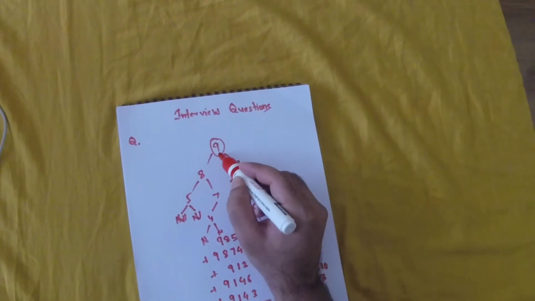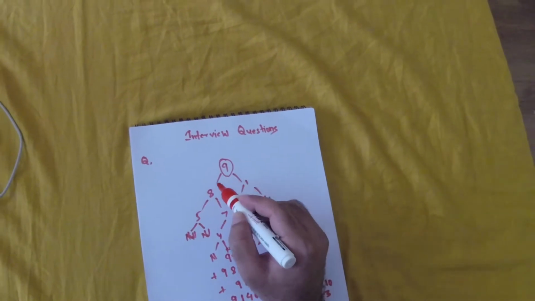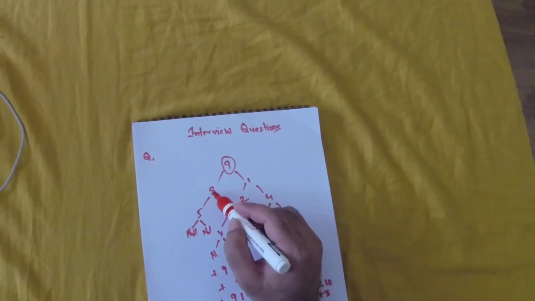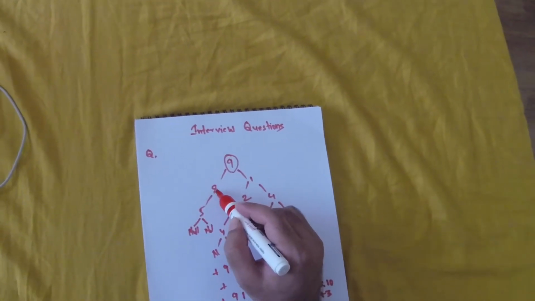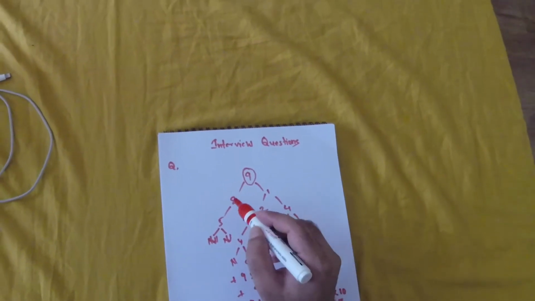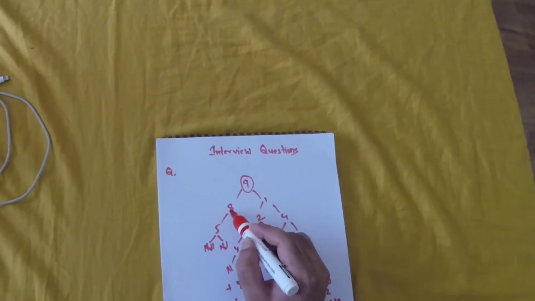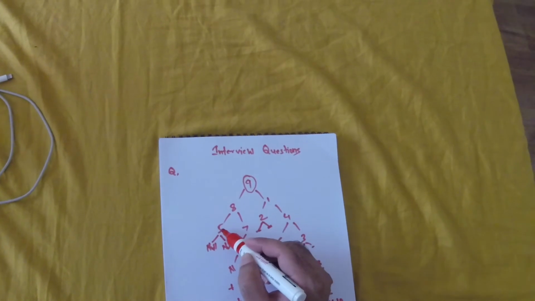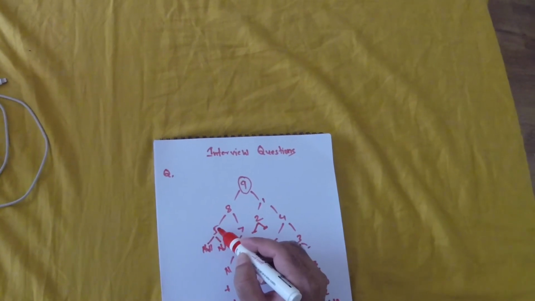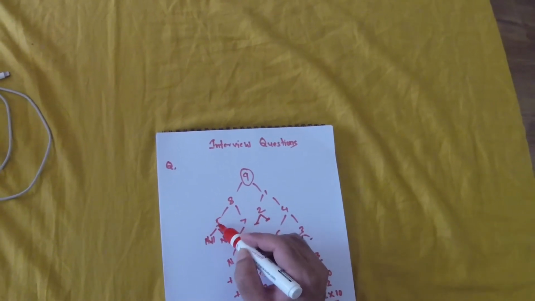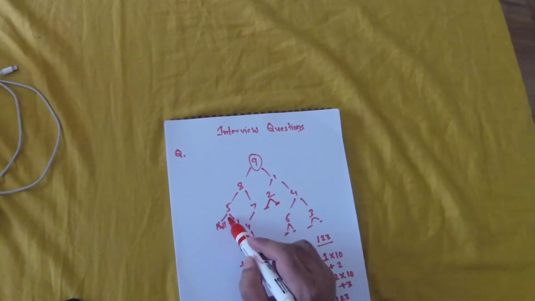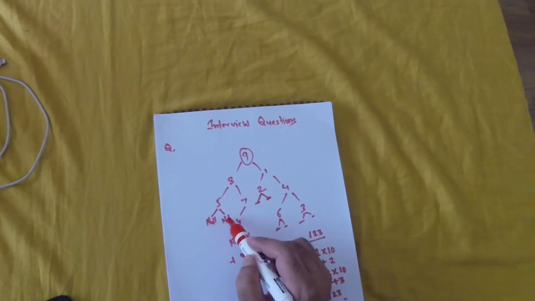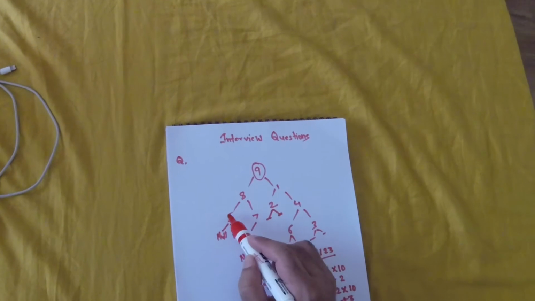Let's see it once again. Start with the root node 9. We will move to its child 8. We will multiply 9 with 10 and add the current value 8, which makes it 98. We will move to left, multiply it with 10, it becomes 980. We will add the current value 5. When we move to left, it is null. The right is also null. It's a leaf node.